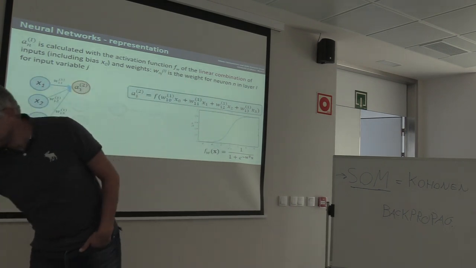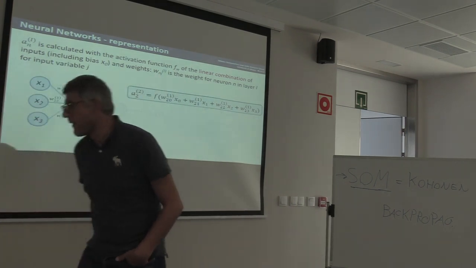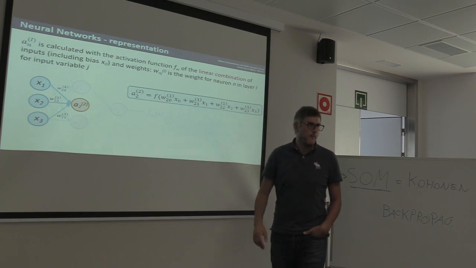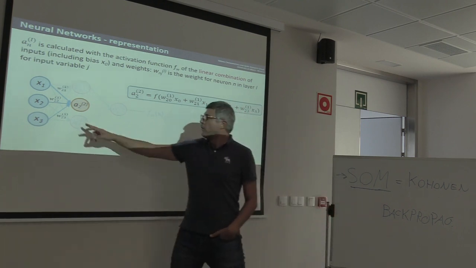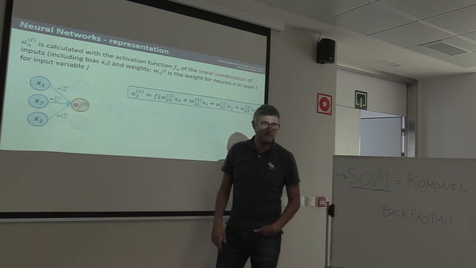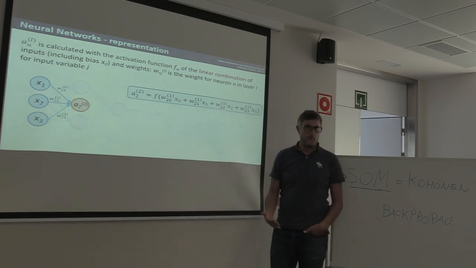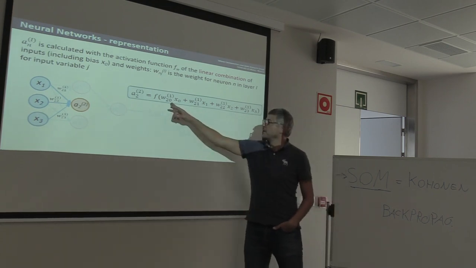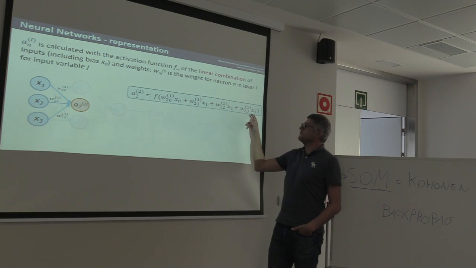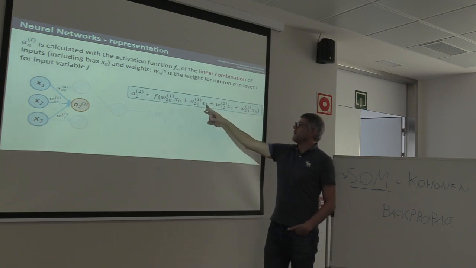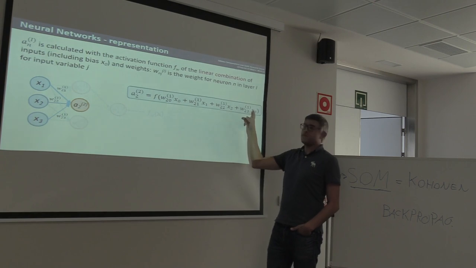Then we do the same for the second neuron. Of course the weights will be different, and so this will be the linear combination. x1, x2, x3 are always the same, it's the same vector.